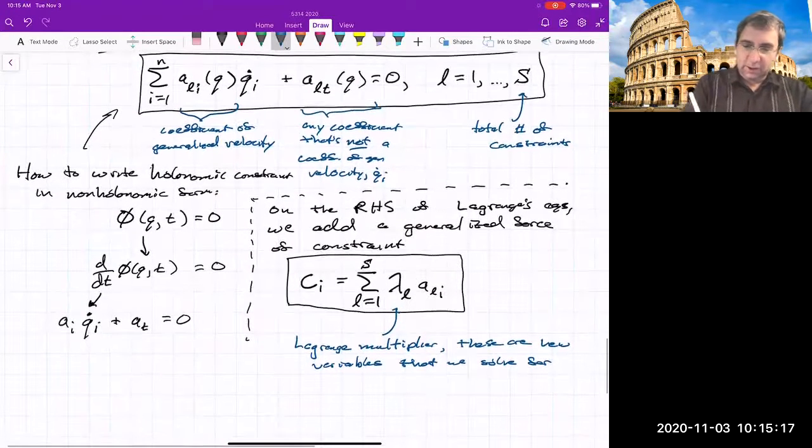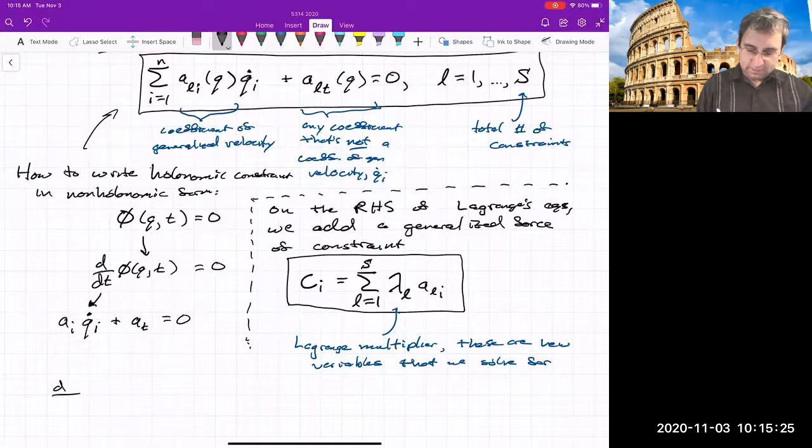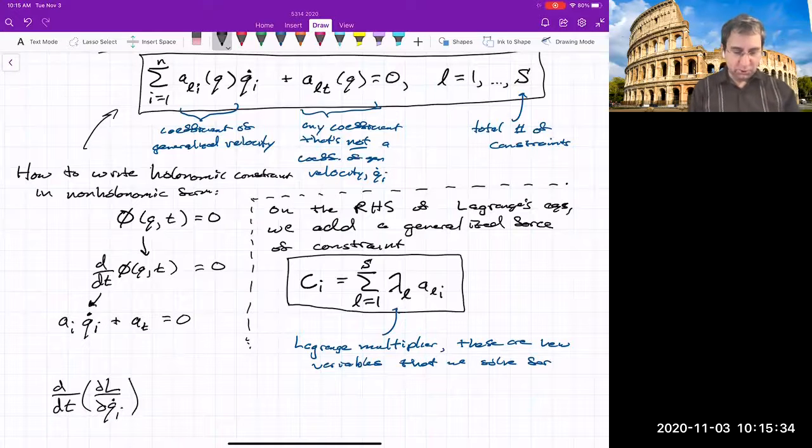So to go back to Lagrange's equations now in all of its glory, if you do have constraints, this is for a system where we've written a Lagrangian. So we have the total derivative of partial L partial q_i dot minus partial L partial q_i.